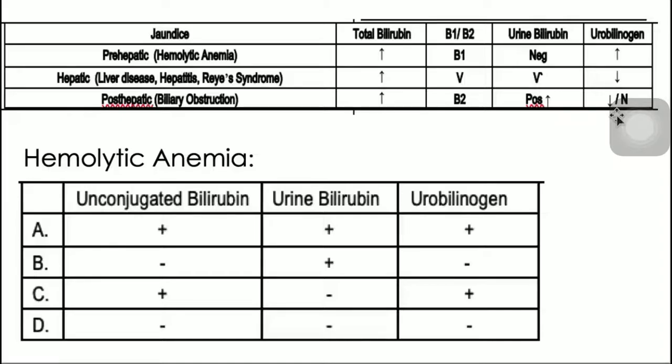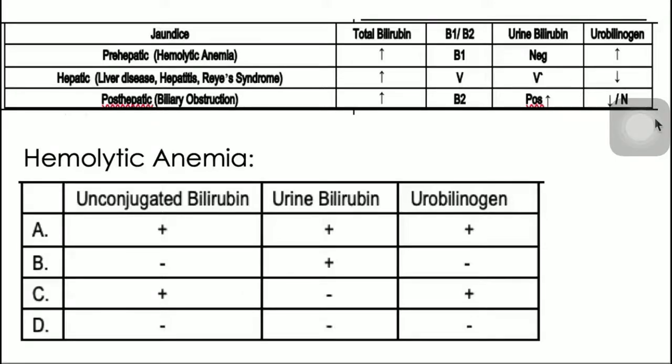Pero nakalagay po dyan, decrease/normal. Decrease/normal po nakalagay dyan because in some questions, ang sinasabi nila is normal urobilinogen. Bakit po? Kasi yung reagent strip po for urobilinogen can't detect negative result. So, since it can't detect negative result, the result can be normal.